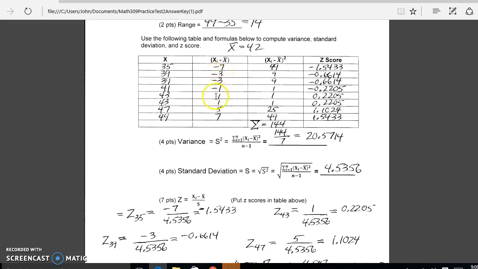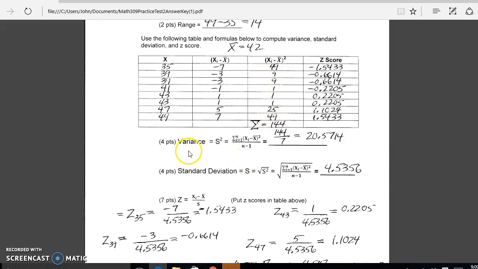And so I find the differences between each data point and the mean in this column. Then in this column I square the difference, and so I have minus 7 squared gives me 49, minus 3 squared gives me 9, and so on down through the column. And then at the bottom of the column I have an extra row here where I sum all of these squared differences right here. I sum up the column and I get 144.